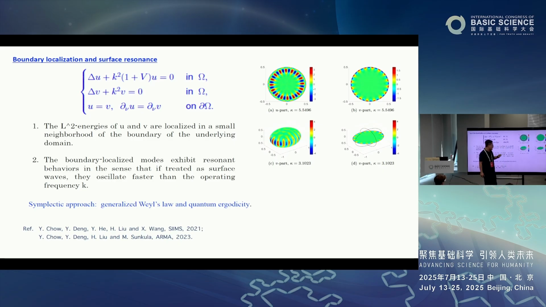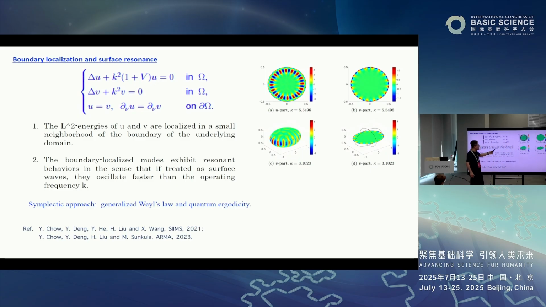I proved this. But in addition to this L2 boundary localization, we can further show that this boundary localized mode exhibits resonant behavior if treated as a surface wave. That means they're going to oscillate much faster than the operating frequency k here.